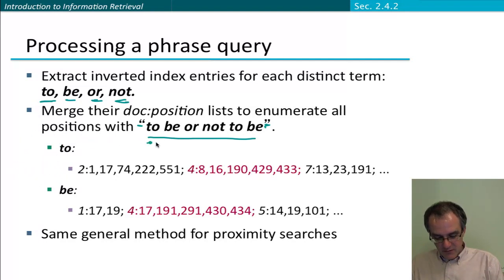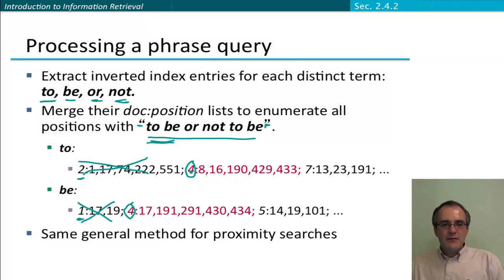So if we start off with the to be, we're going to start at the beginning doing a postings merge, and we're saying, well, document 1 can't be a candidate because it doesn't appear on the other postings list. Document 2 can't be a candidate because it doesn't appear on the other postings list. And then at this point, we've got to document 4 and the doc IDs match.